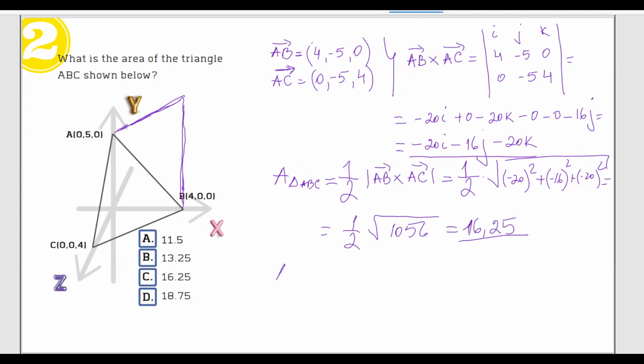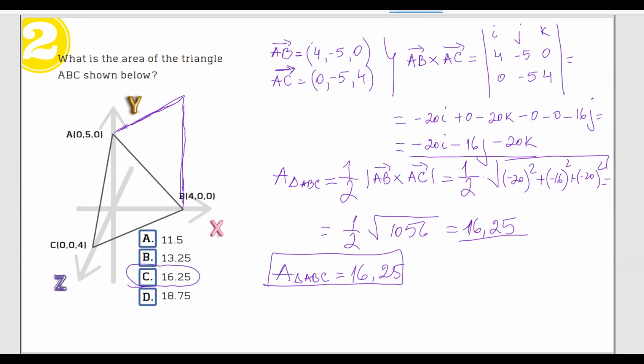So the area of this triangle ABC is 16.25 units squared. And looking at the answer, the correct answer is C.